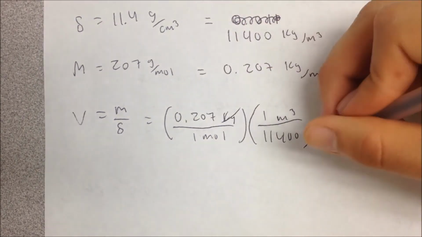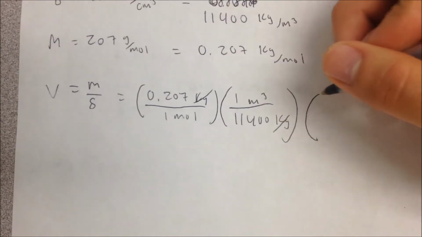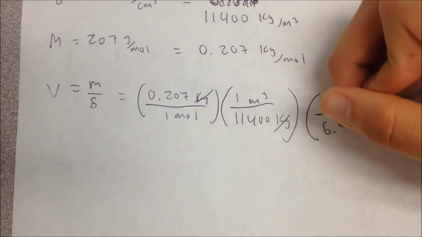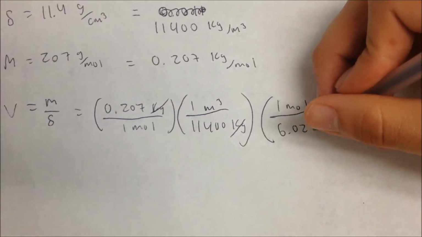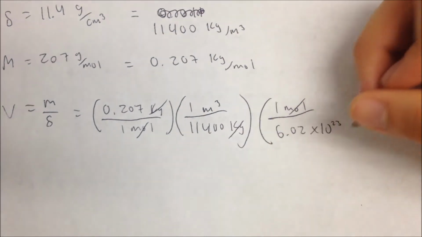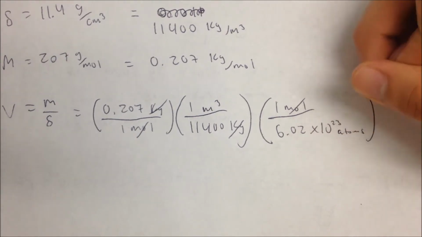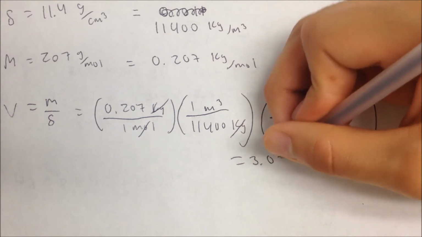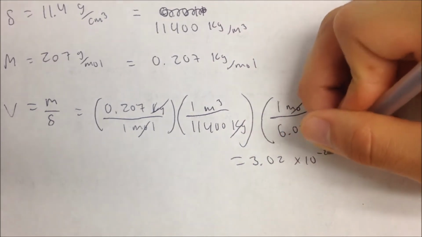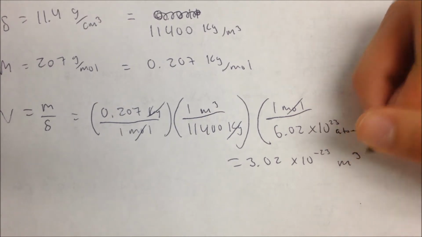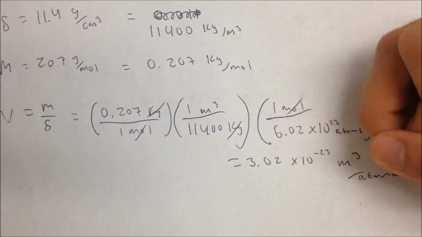Kilograms cancel out, and we multiply by 1 mole over Avogadro's number to cancel out the moles. And we end up with 3.02 times 10 to the negative 23 meters cubed per atom.